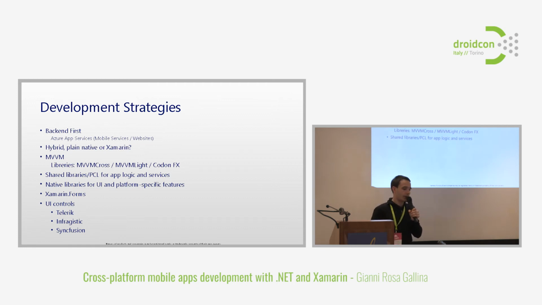Then you can decide between shared libraries or PCL. The difference between the 2 is simple. Shared libraries in Visual Studio are files that are shared with the main application.